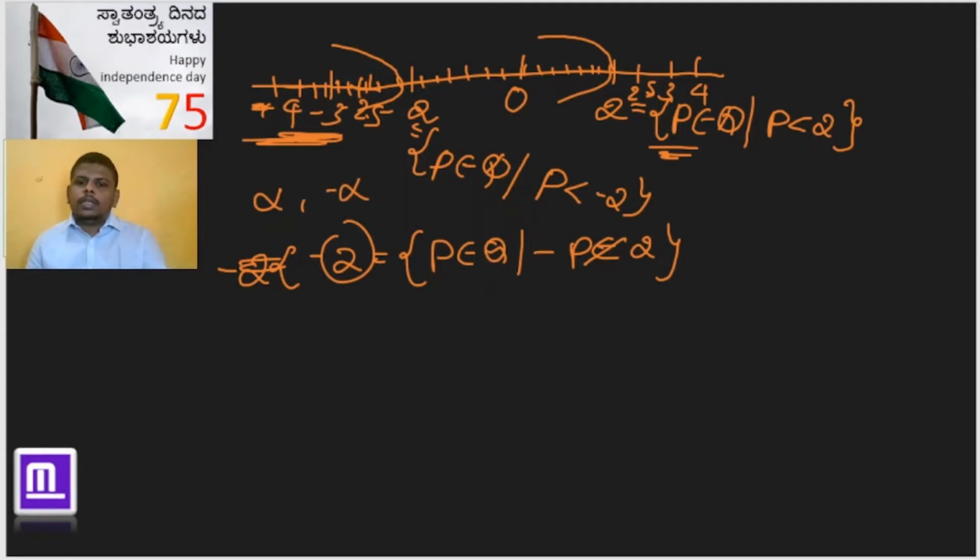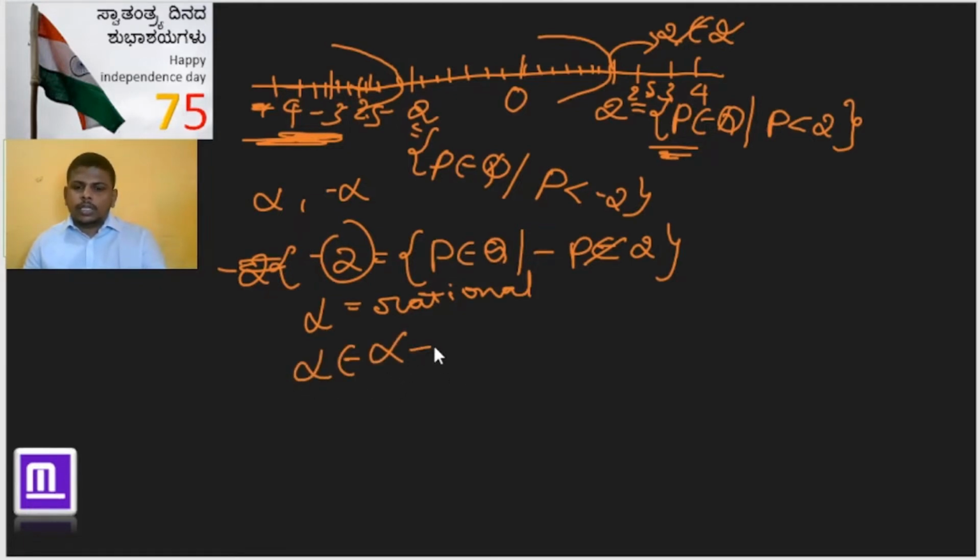The problem here is that 2 does not belong to the cut 2. If our alpha is a rational number, we get this problem. If alpha itself is a rational number, then alpha does not belong to the cut alpha, because this is a cut.